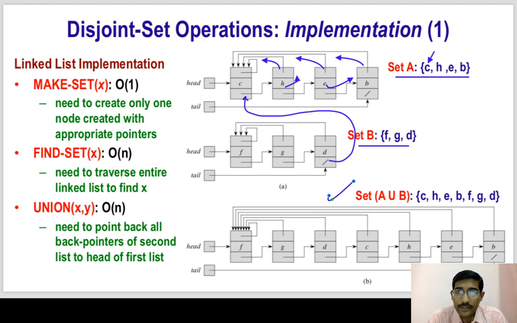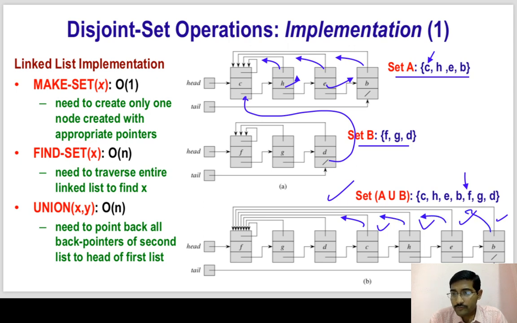Then the rest of the pointers back to the representative should be pointed back to the same representative, which I assume to be F. So for all the nodes that I join after set B to make the union, the back pointer should be linked back to the node F.